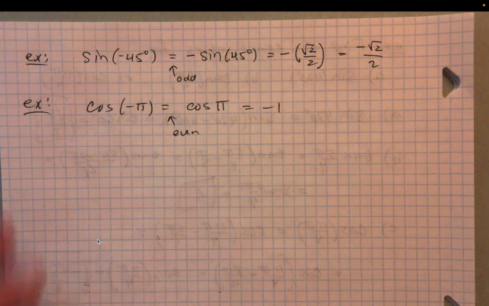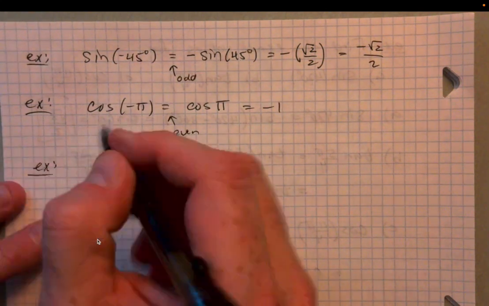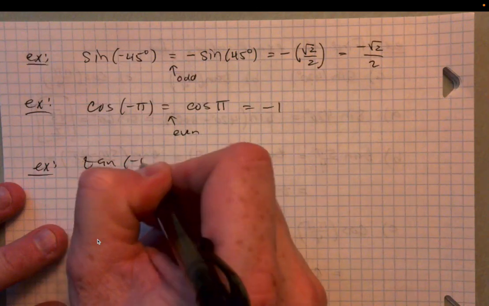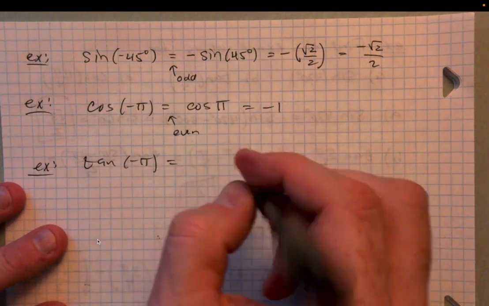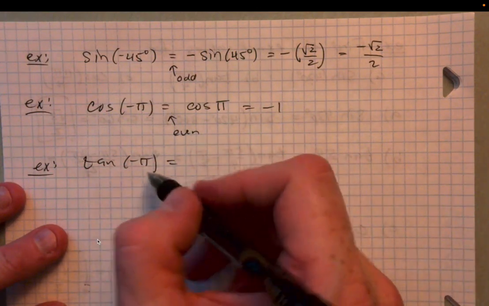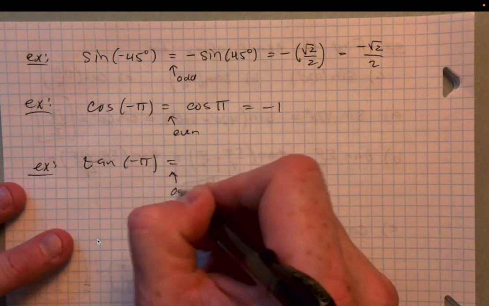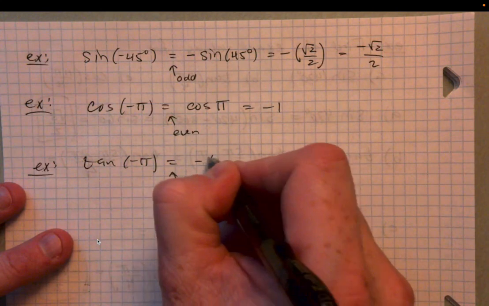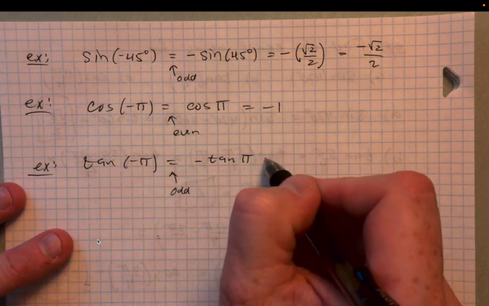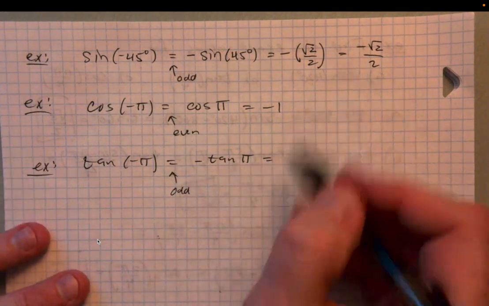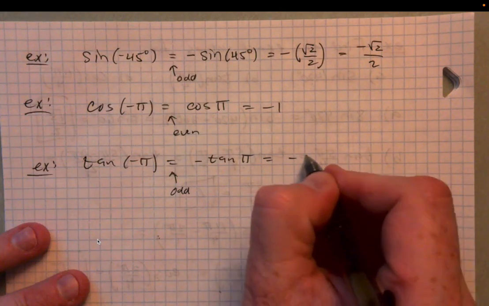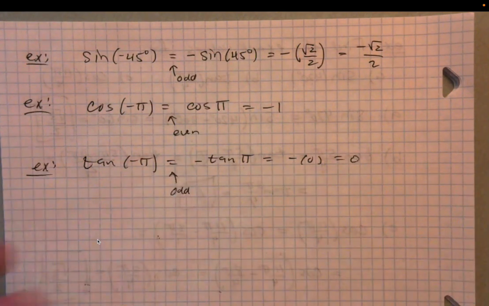You can just look it up. The tangent of negative pi is equal to, it's an odd function, right? So it's equal to negative tangent of pi, right? And I know that the tangent of pi is 0, so this is negative 0, so just 0.